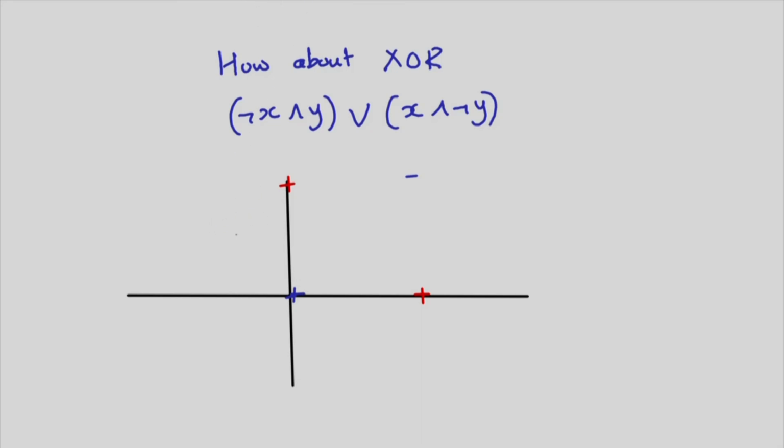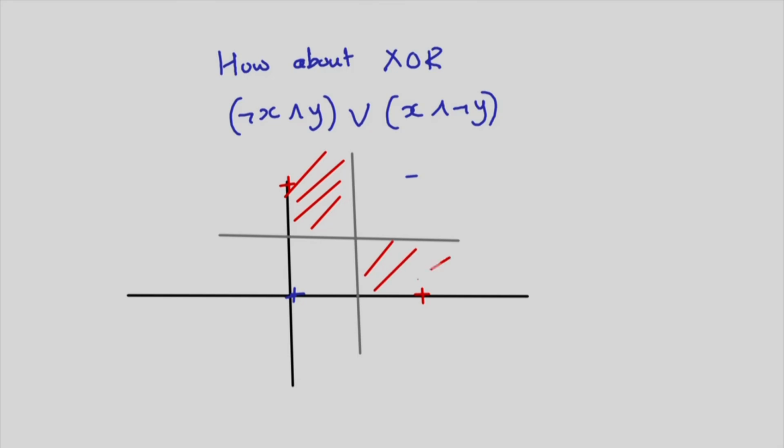One can see that the following two linear separators, a combination of the two, can give you some separation. So you get this positive region and the following negative region, which is what was expected. So how about doing the following?